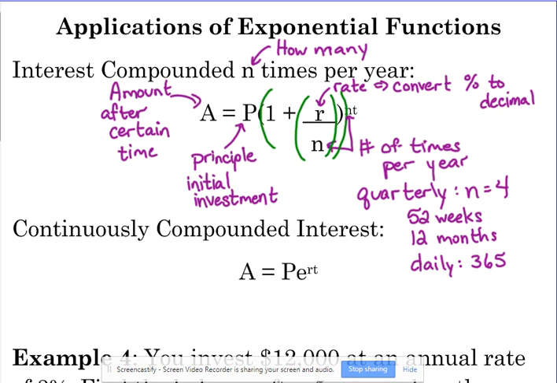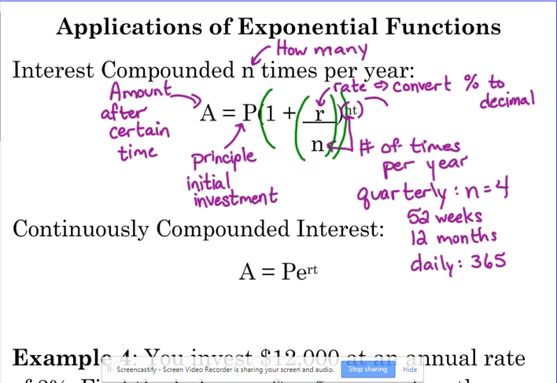The n in the exponent is the same as the n in the denominator there. And just as a side note, you need to put parentheses around the n and the t together, or else it will not compute correctly.